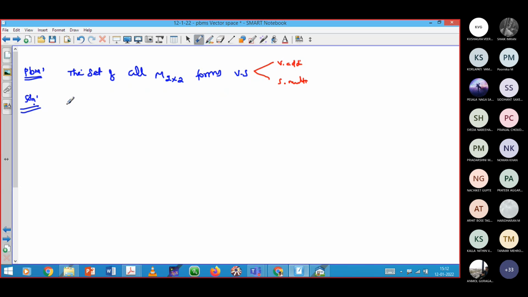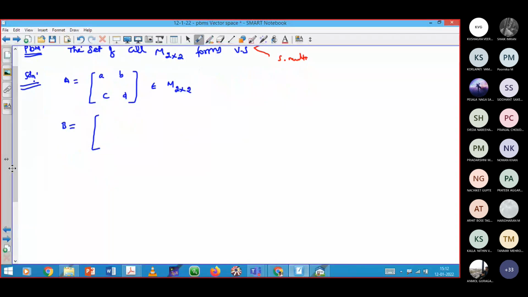The first matrix I can pick as A, B, C, D. This belongs to M2 by 2. In the same way, I can pick another. Sometimes this question can be asked as a 10-mark question, so please listen. This is quite easy.